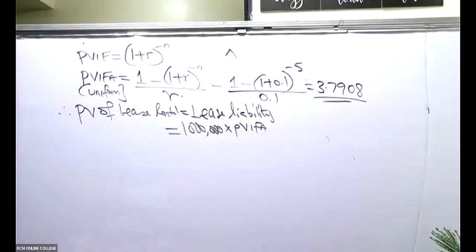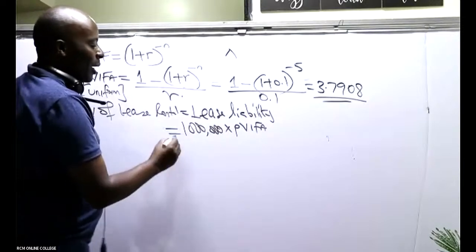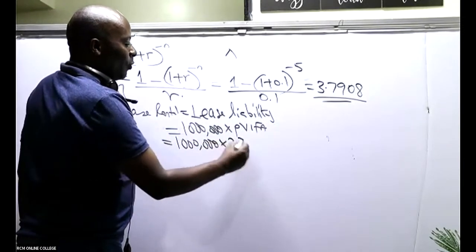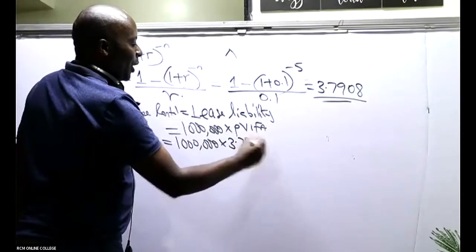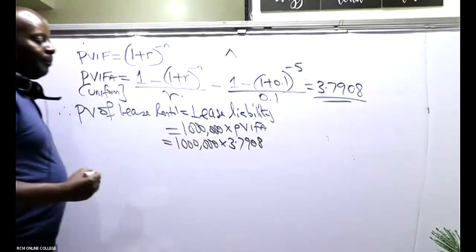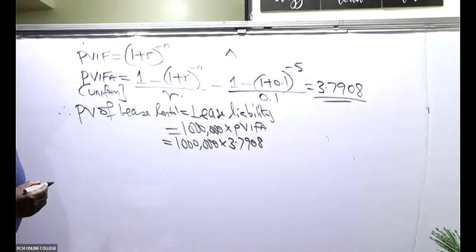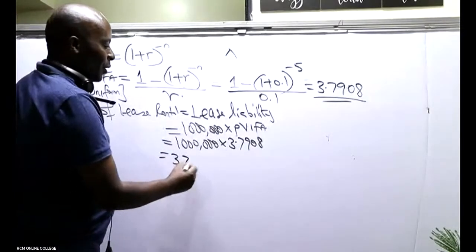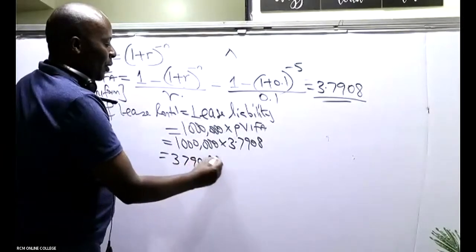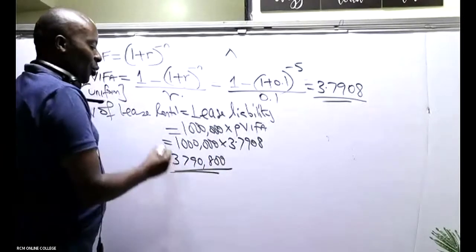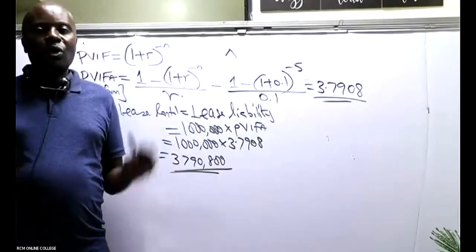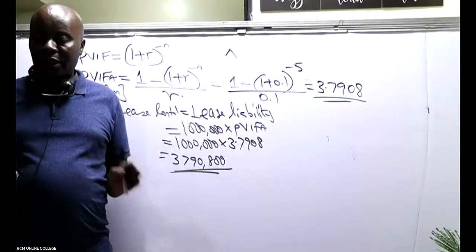So this will be $1 million, which you are paying every year, times the PVIF of 3.7908. Which will be the same as what here, somebody? 3,790,800 Kenya shillings. So this is what we owe this gentleman, the landlord, in total, having discounted.